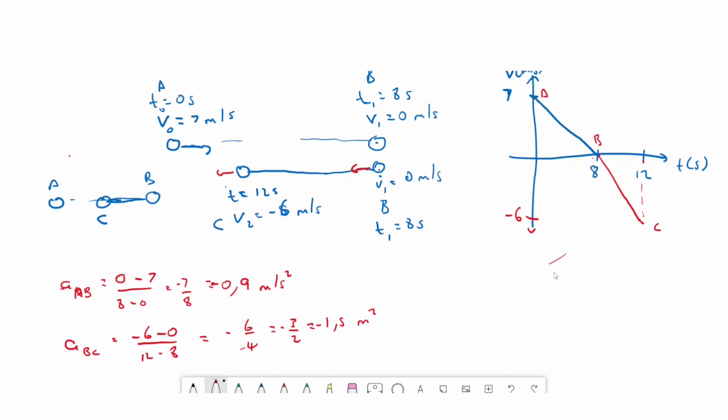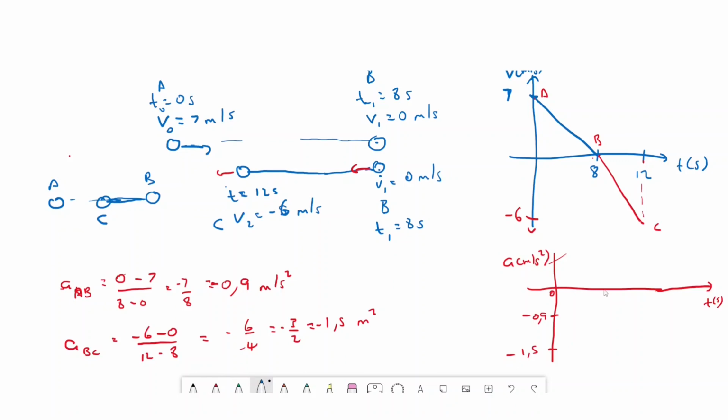So if I was to draw the acceleration time graph for this graph, I would draw it like this. This is 0, this is minus 0.9, then this is minus 1.5. This is going to be the time in seconds, and this is going to be meters per second squared.